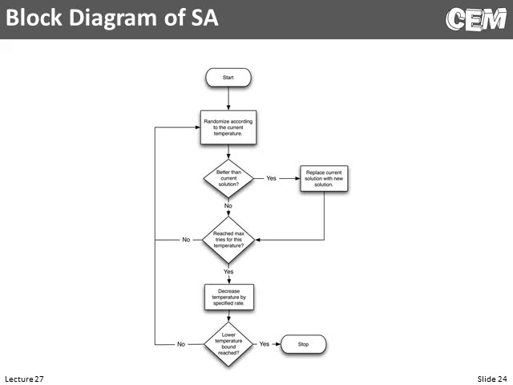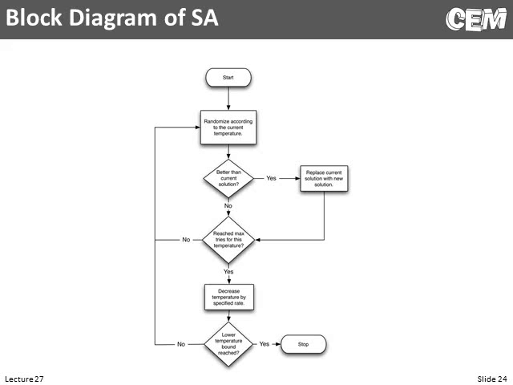So here's a block diagram of how simulated annealing would work. We start, we randomize our current design. There's this thing that's a lot of times called temperature, because it's called simulated annealing, kind of like you anneal a material and you come away with a more pure crystal type pattern. So the temperature is really how much randomness you're going to introduce.